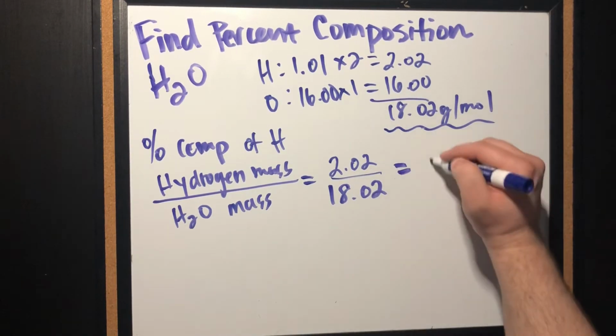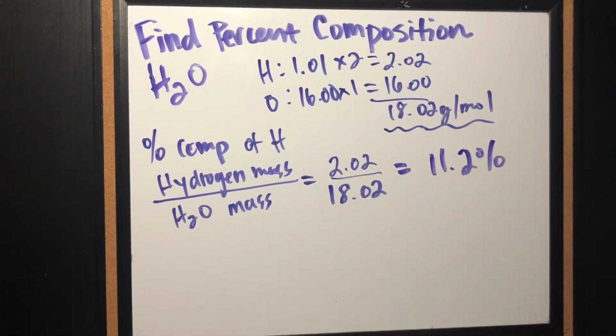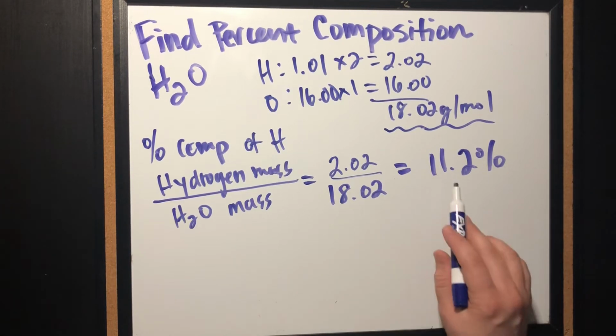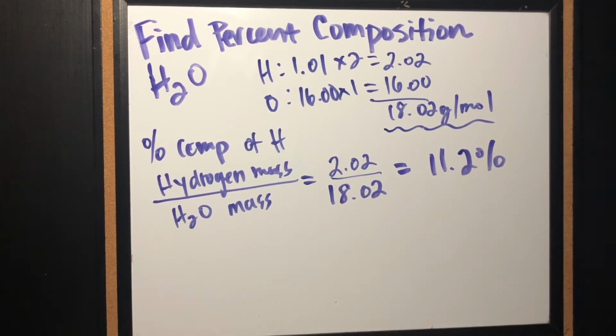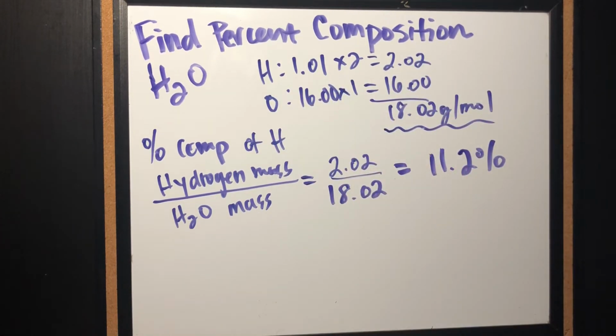Do a little bit of math, and I get 11.2%. In every sample of H2O, every sample of water, there's 11.2% hydrogen based on the mass. Again, percent composition is a mass value.